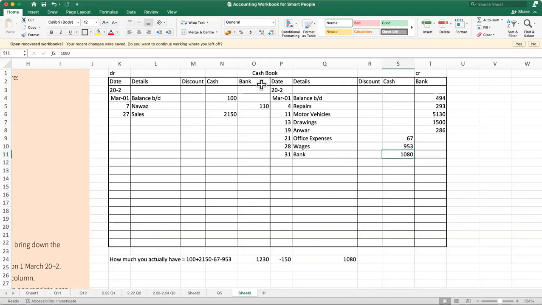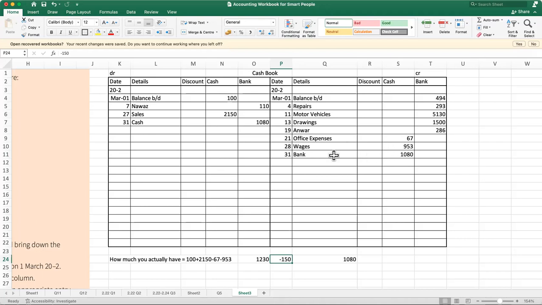So now in my bank account here, I need to write 1080. Where did the money come from? From my cash account. All right. So now you would know that you will have a balance of 150 in your cash. So this is one way of doing it, and then you do your balance carry down, balance brought down, whatever.